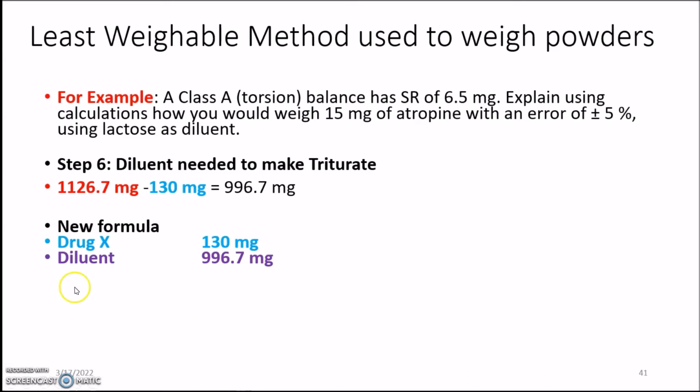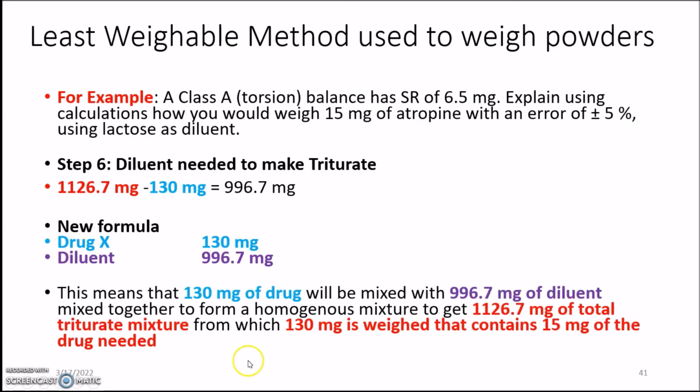So atropine is 130 milligrams, and the diluent, in this case lactose, will be 996.7 milligrams.